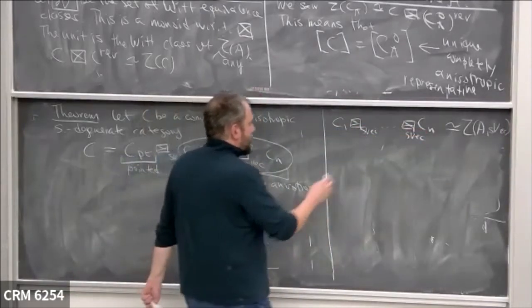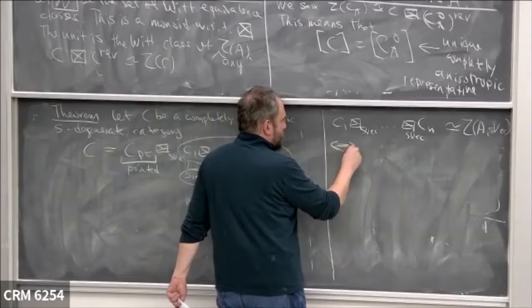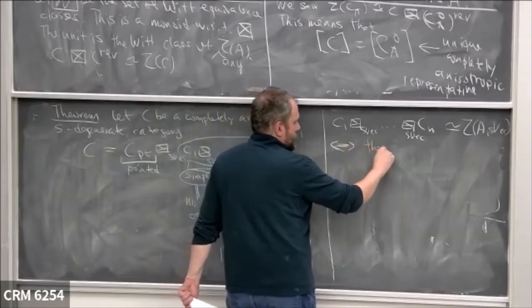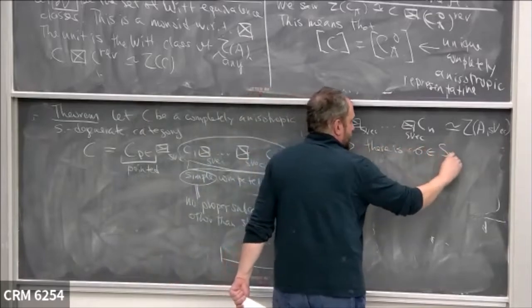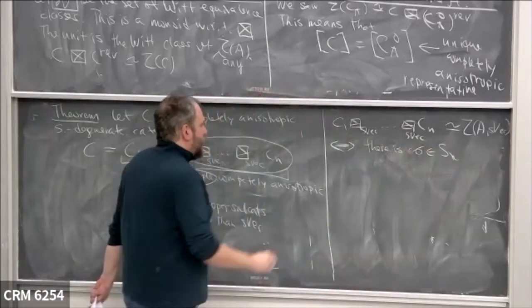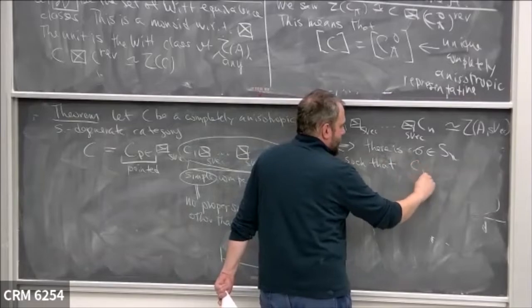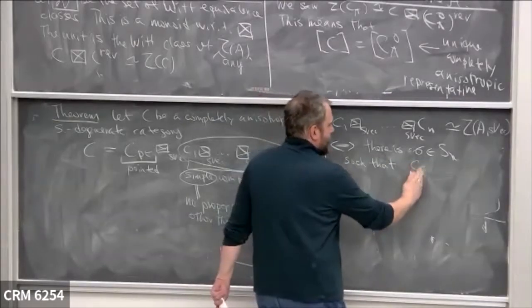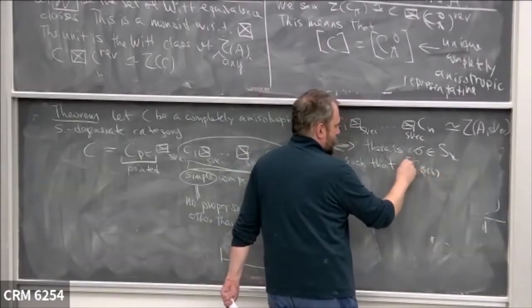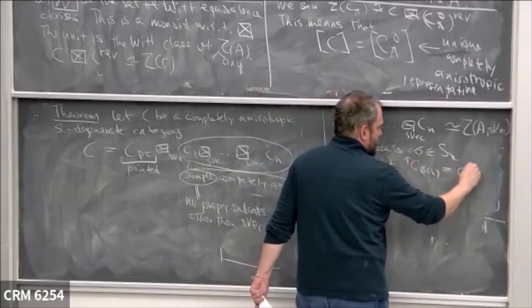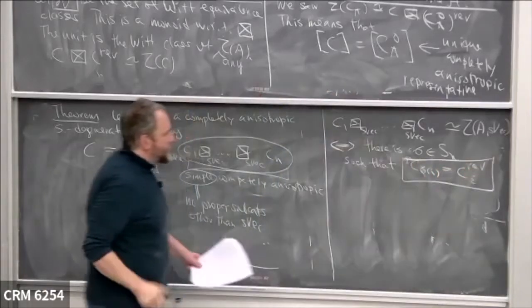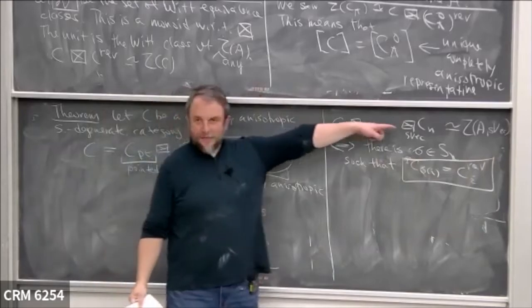This is happening if and only if there is a permutation sigma in the symmetric group Sn such that C sigma(i) is the reverse of Ci. In other words, things here should cancel, right?